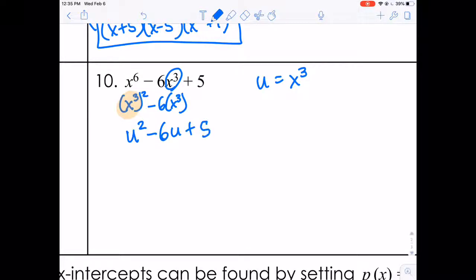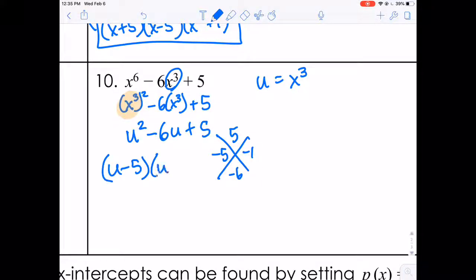And I've got my plus 5, trusty plus 5. In this case, I would have 5 on top, negative 6 on bottom, negative 5, negative 1. So in this case, u minus 5, u minus 1. So that would be, I'm going to replace those u's back with their x to the 3rds. X to the 3rd minus 5, x to the 3rd minus 1.